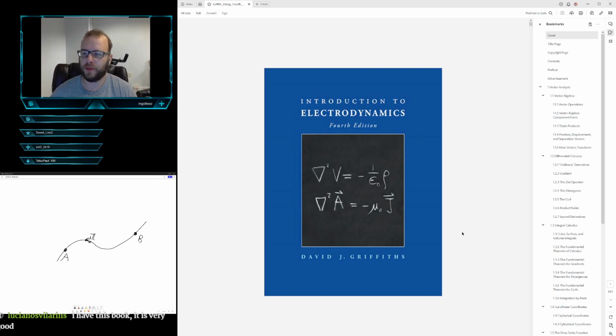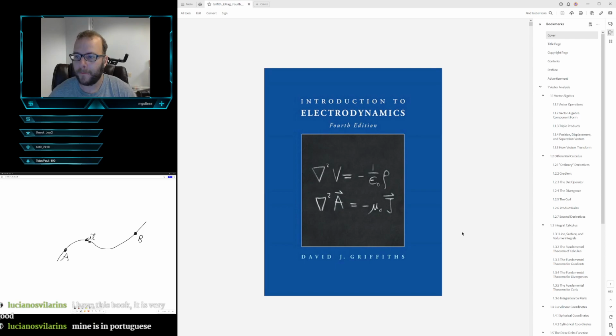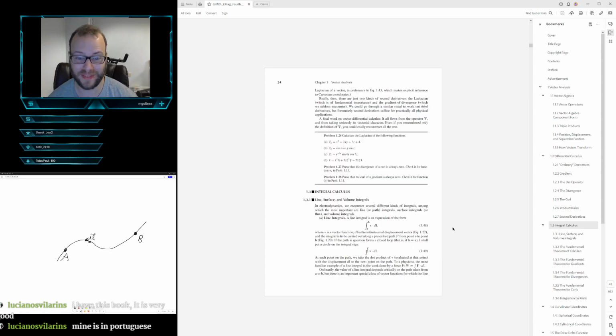I might do some quantum. Yours is in Portuguese. Well, I'm glad he's translated to multiple languages, because David Griffiths has a knack for condensing down very complicated subjects into very simple language.